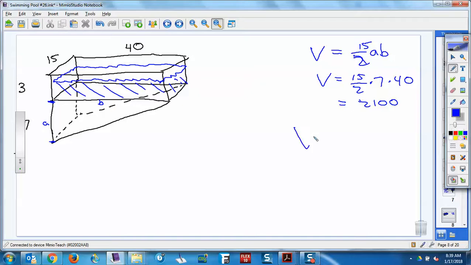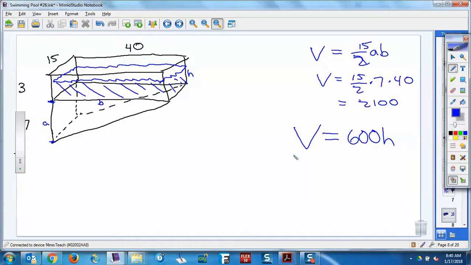So the volume of the blue shape is what right now? And we'll let that be H, because the water's rising. So what would be the volume of that blue box? Length times width times height, which would be 15 times 40. What's 15 times 40? 600. Is that right? So wouldn't the volume of that be 600H?